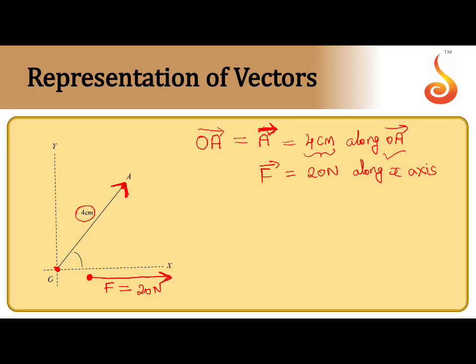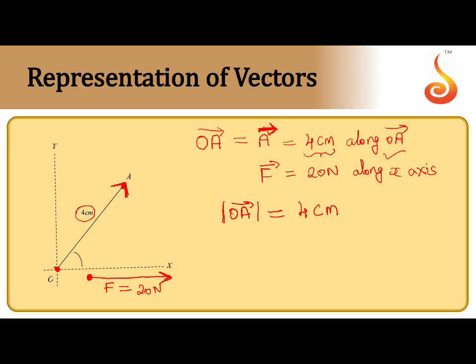Suppose for the same vector, sometimes I don't want the direction, I want only the magnitude. In that case, I will write the vector OA between two vertical lines. These two vertical lines represent an operation called modulus or magnitude. This is equal to 4 centimeter only.